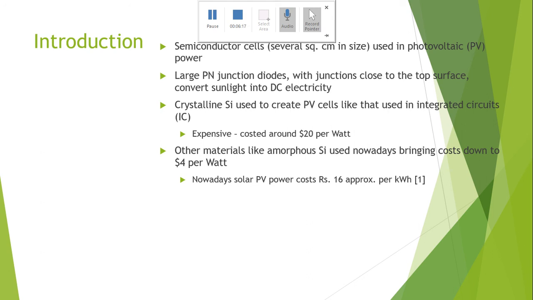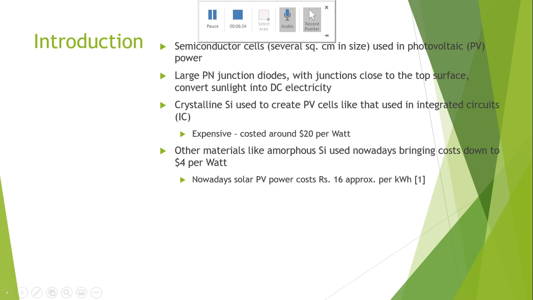Nowadays photovoltaic power costs around 16 rupees per kilowatt, according to researchers. Let me discuss amorphous silicon.